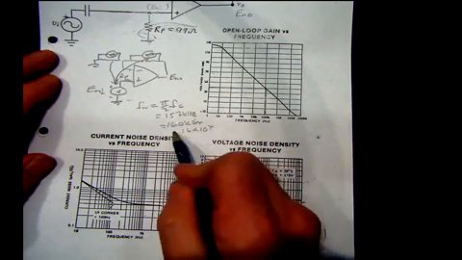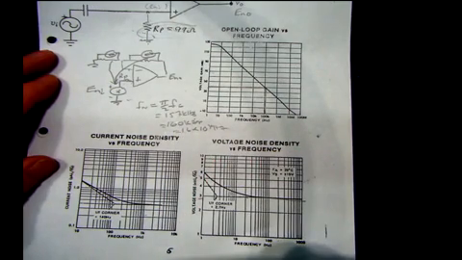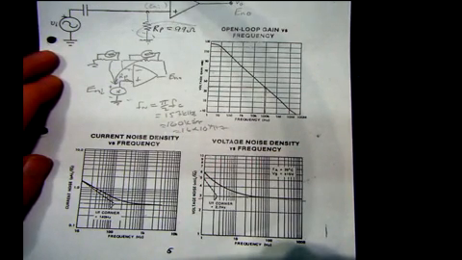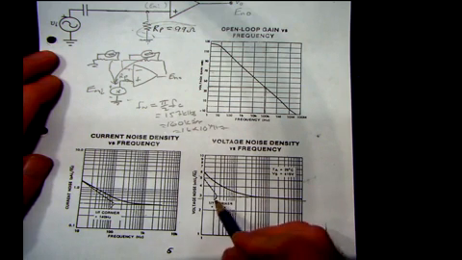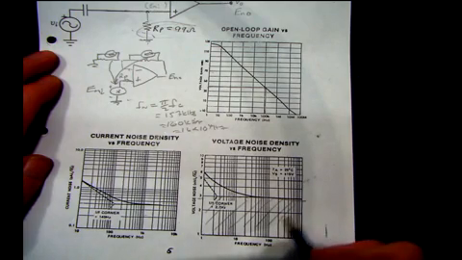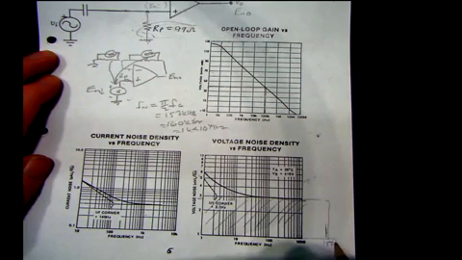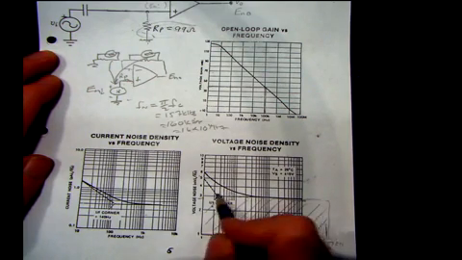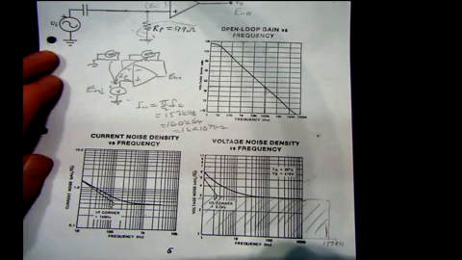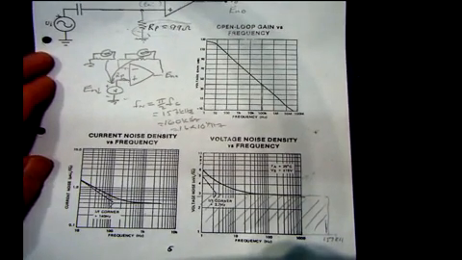So the square root of that would be 400. How about we just multiply 3 nanovolts by 400? Does that make sense to you? What I'm talking about is this area under here, if it goes all the way out to 157 kilohertz, that area will be what we would measure as noise. Does that make sense?